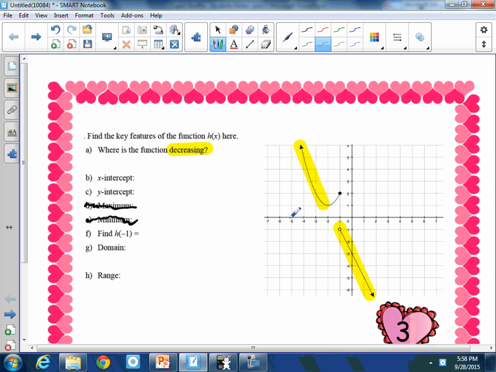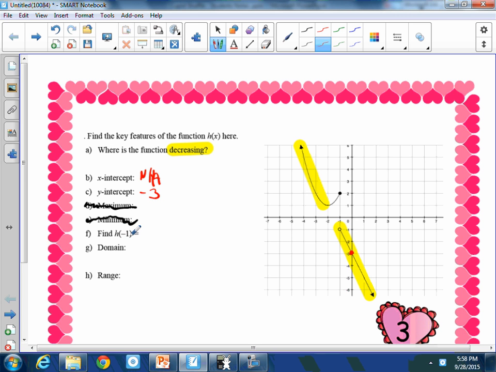Where is my x-intercept? You go to x for that. You don't have one, so this does not apply. Where is my y-intercept? It should be this little number over here, which is -3.